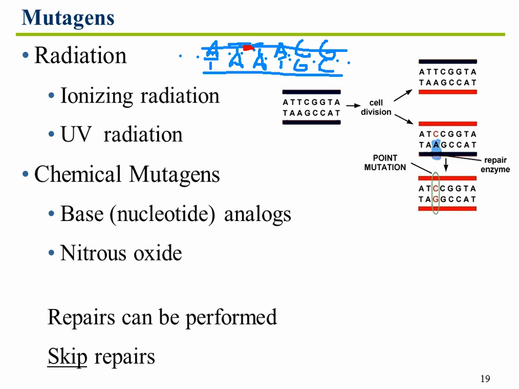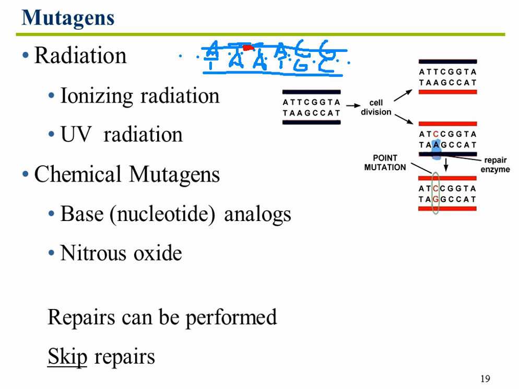They form a bond. It's called a thymine dimer, and that messes up the attachment to the other strand, and then it messes up the replication. That's UV radiation's effect. Ionizing radiation does a lot more damage. It doesn't do it by thymine dimers. It does it by affecting the entire sequence of the DNA.